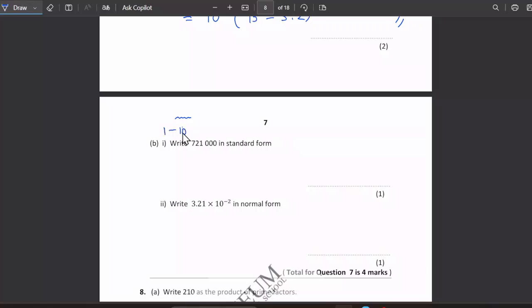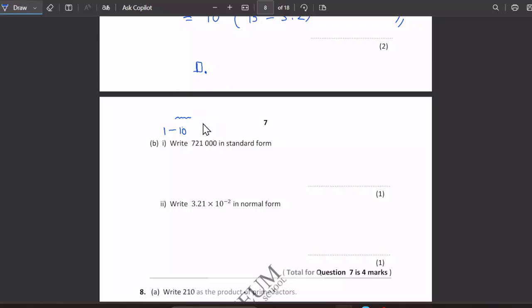So only one digit should be there in the ones place, and after the decimal point there can be more digits.